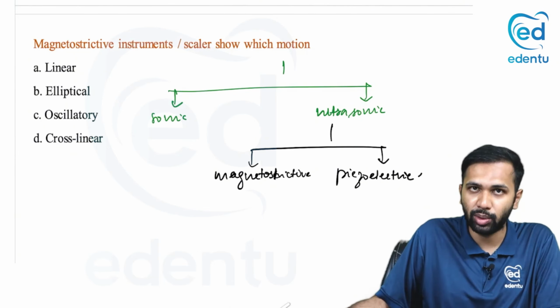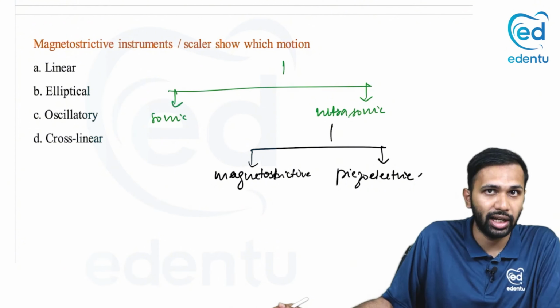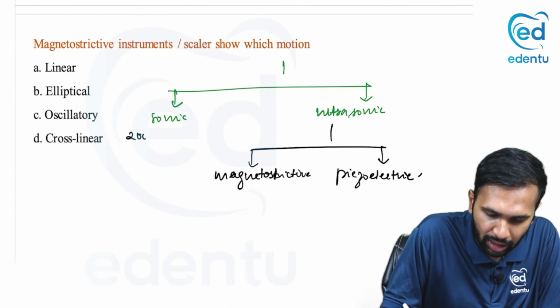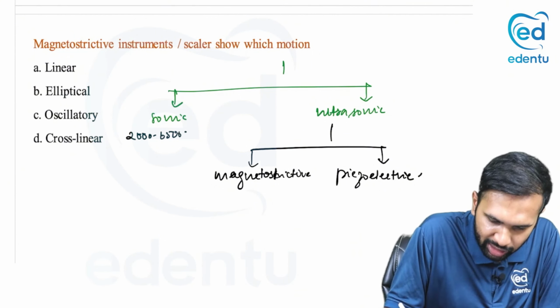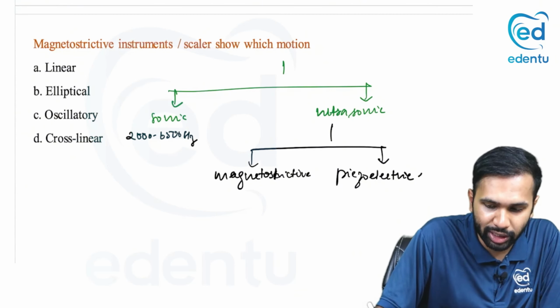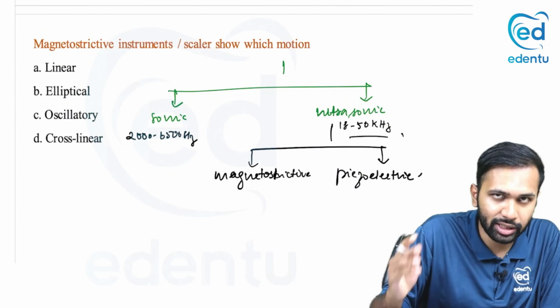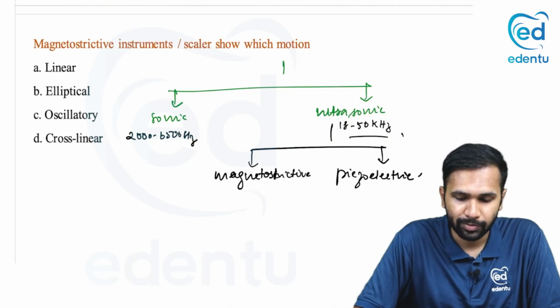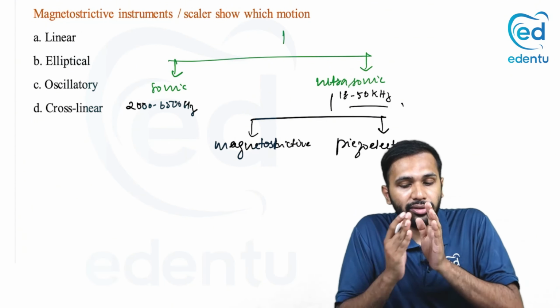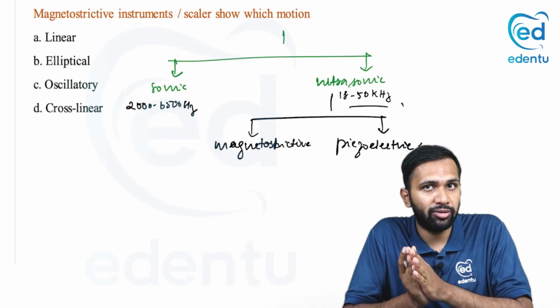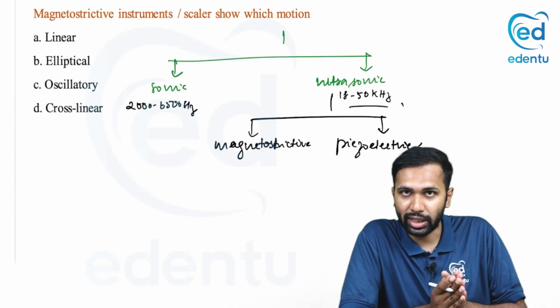Sonic scalers vibrate at a frequency of around 2000 to 6500 hertz, whereas ultrasonic instruments have a frequency of 18 to 50 kilohertz, that is 18,000 to 50,000 hertz. Ultrasonic is further divided based upon their principle of vibration into magnetostrictive and piezoelectric.